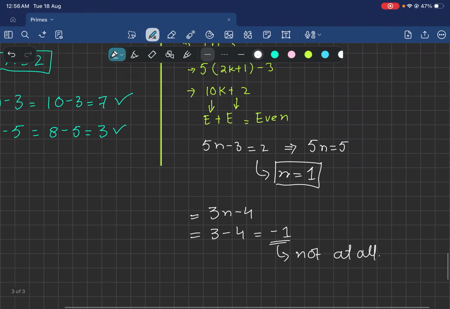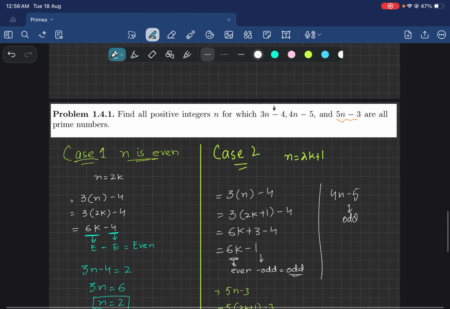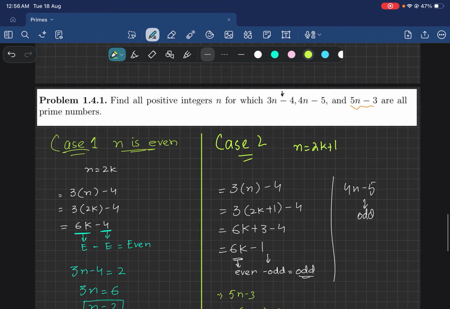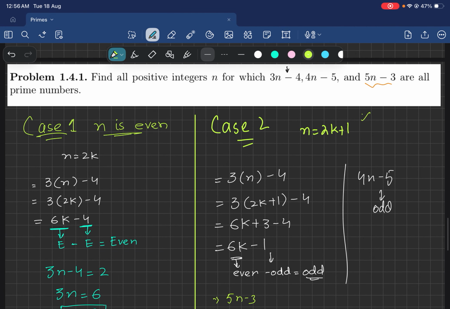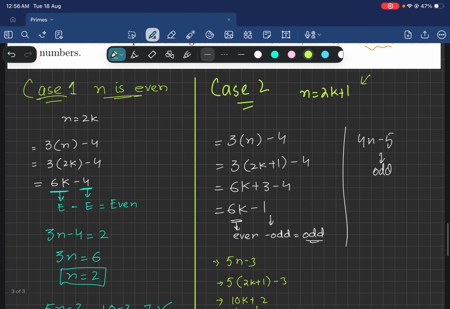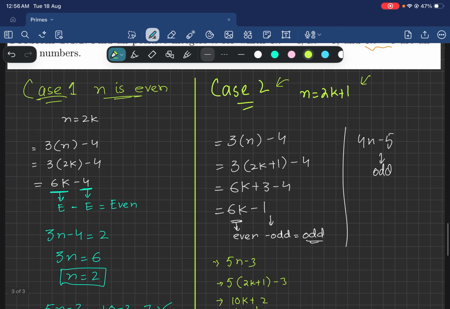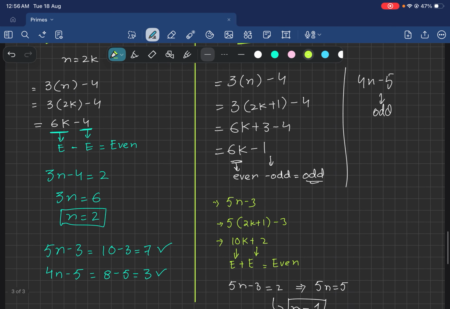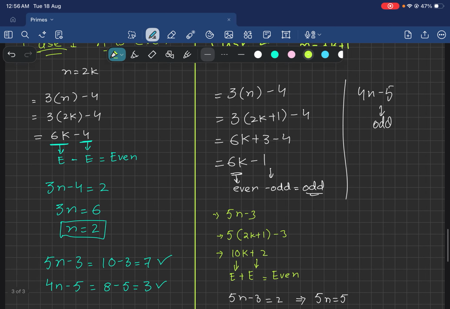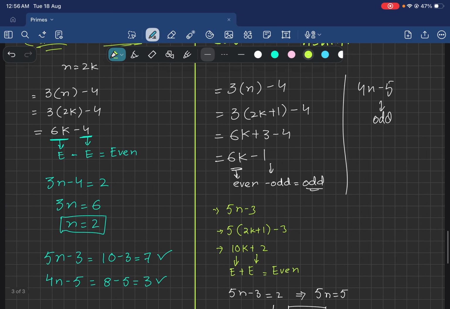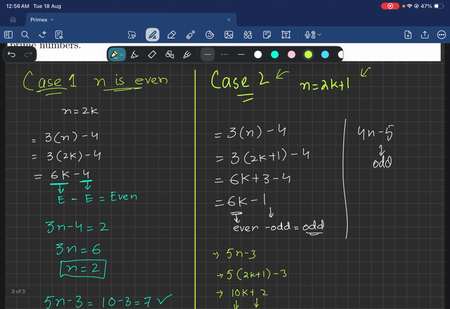So we have solved all cases, every single possibility, because n is either odd or even. We saw that when n is odd, this case fails. When n is even, there is only one possibility: when n is equal to 2, these expressions are prime numbers.